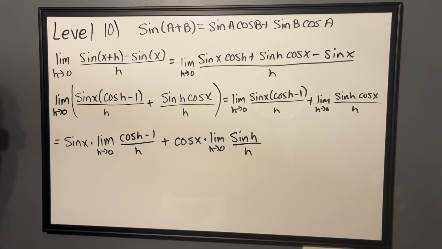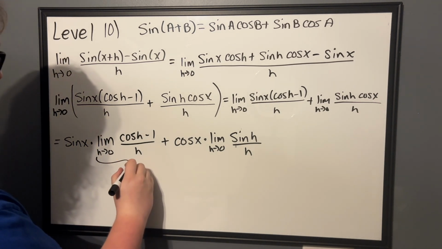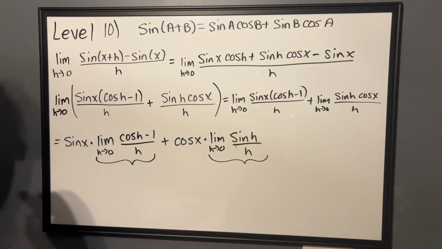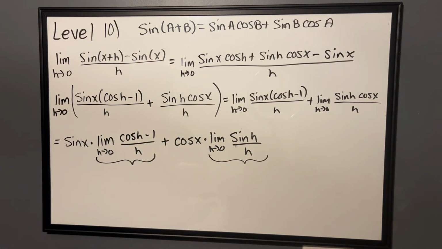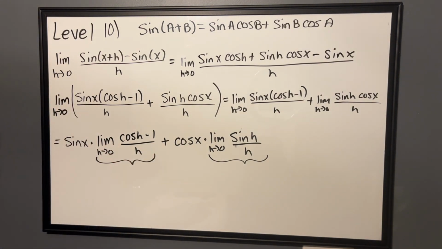Okay, so this is where we have to kind of take this for granted. The reason is because these two limits are limits that we kind of take for granted, especially when taking Calc 1. This limit right here, we can prove it geometrically, but I'm not going to in this video.